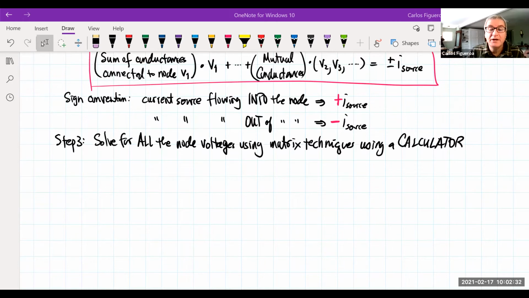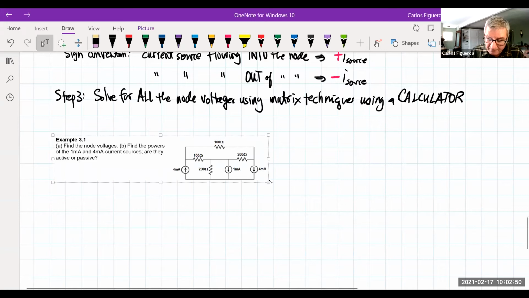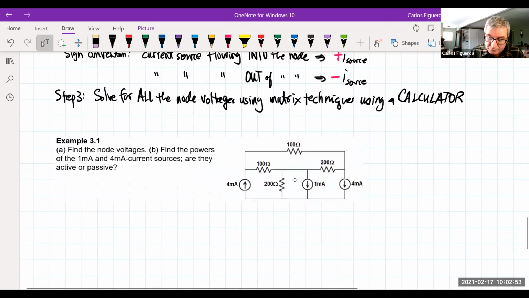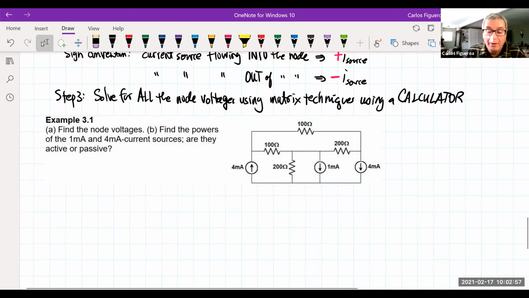So here we go. Let's go look at a simple example. The example that I want to look at is this guy right here. Let me grab it. So I'm going to start off with this example right here. This circuit provides problems.